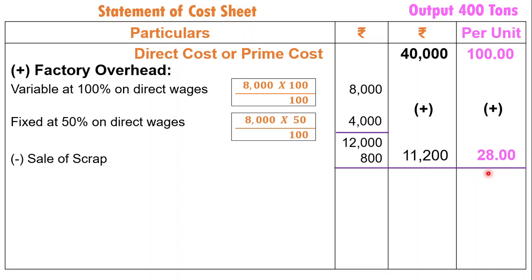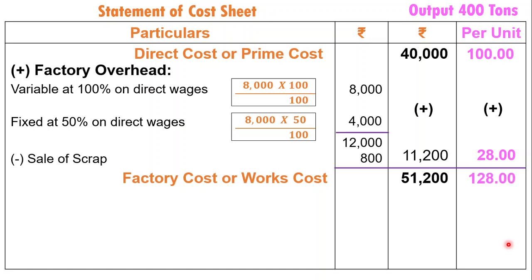Now the total of these two, that is direct cost plus factory overhead, amounts to rupees 51,200, and 100 plus 28 is 128, and this total title should be given as factory cost or works cost, that is after adjusting factory overhead, the factory cost or works cost title is mentioned.